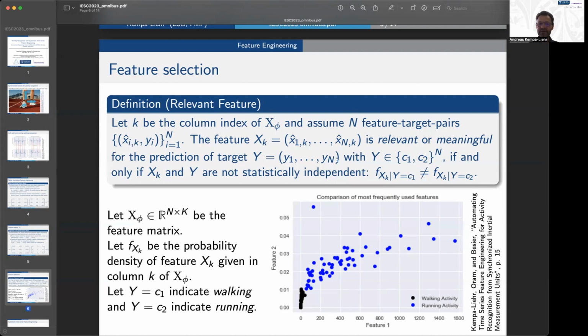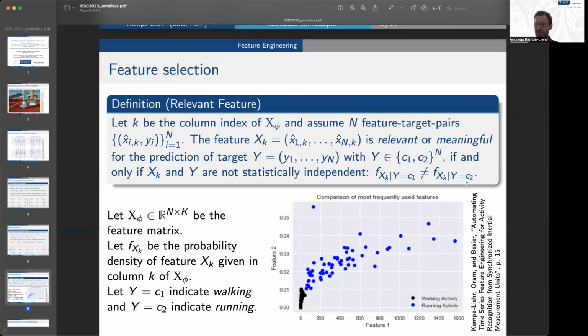Now the idea is that a feature is relevant or meaningful if and only if feature xk and target vector y are not statistically independent. This means if f_xk is the probability density of feature xk, and we compute the conditional distribution of this density, then if we condition this on one activity, for example, walking, C1, this conditional density needs to be different from the density conditioned on the other activity, running.